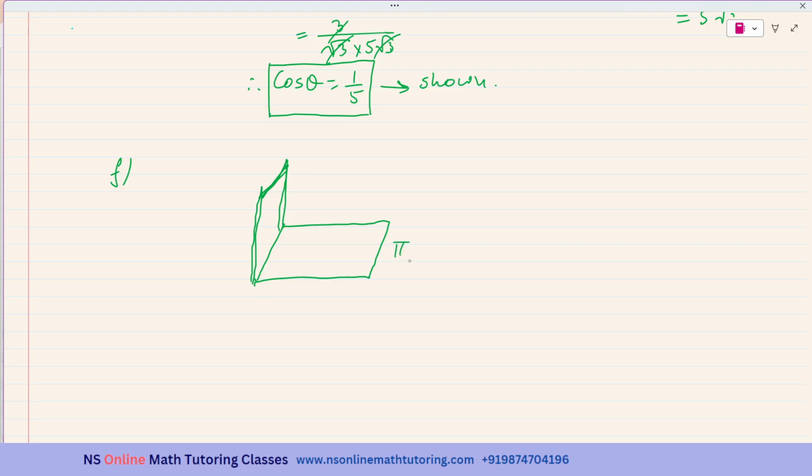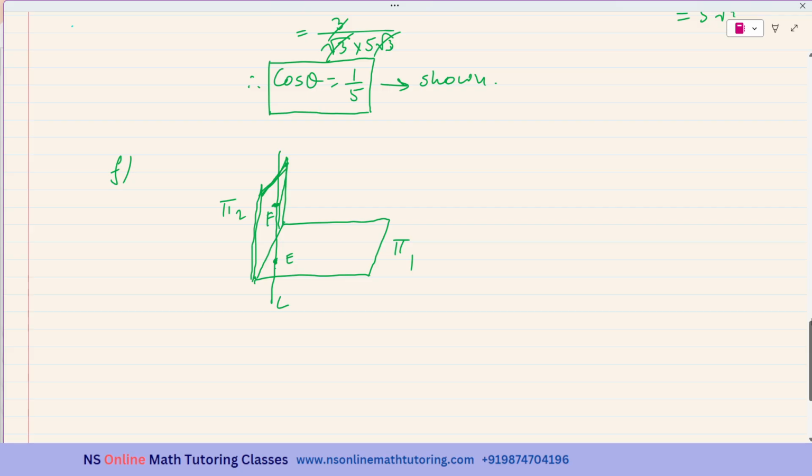Okay, so assume this plane to be pi 1 and this plane to be pi 2. And maybe this point is E, and this is the line which is perpendicular to the plane pi 1 and passing through E, and this line is L. This line may be intersecting the plane pi 2 at point F, and we are required to get the coordinates of this point F. This is the best that I could draw.